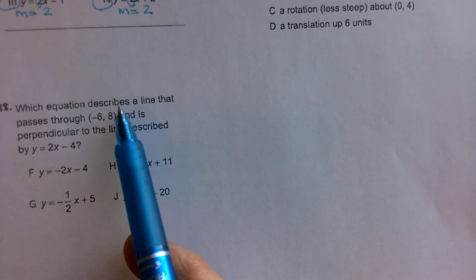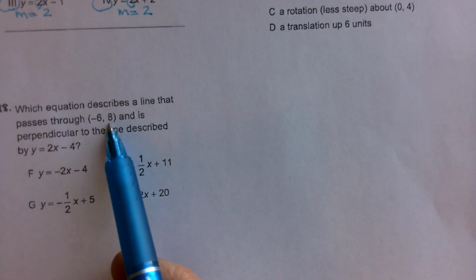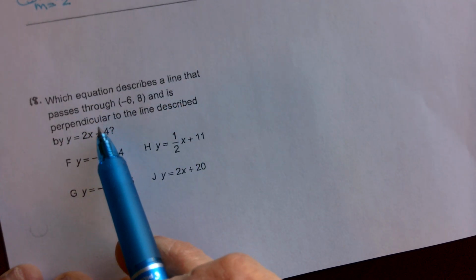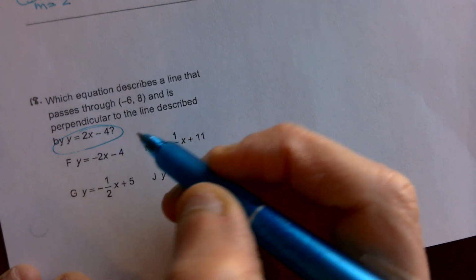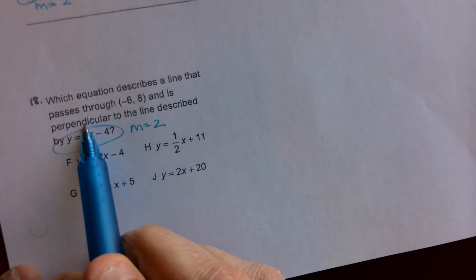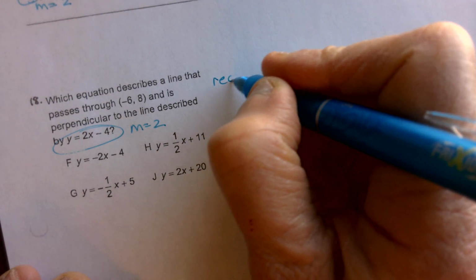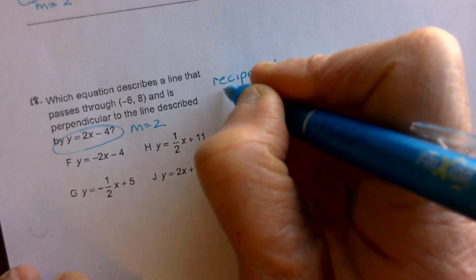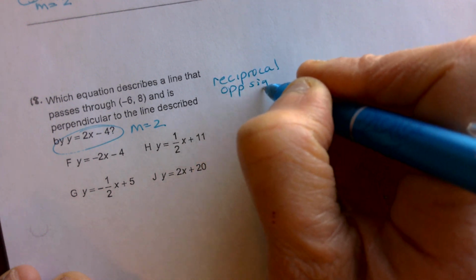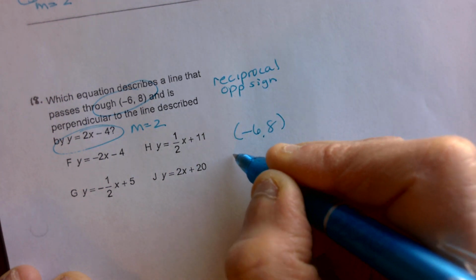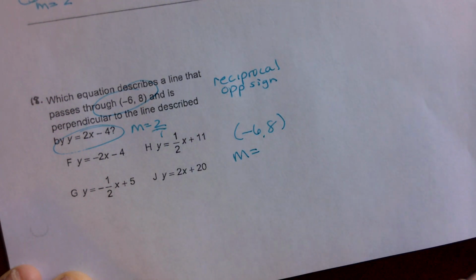Which equation describes a line that passes through this point and is perpendicular? Remember, when it talks about being parallel or perpendicular to a line, you're just trying to get the slope out of this. So the slope of this is 2, but since it's perpendicular to it, I have to use the reciprocal and opposite sign. So I have a point, and now I just need my slope. So I'm going to flip it and take the opposite sign.